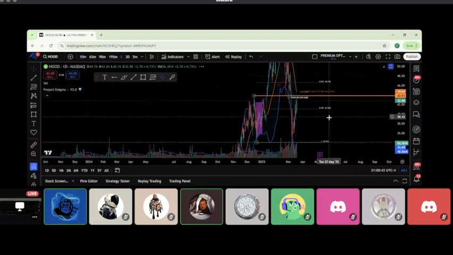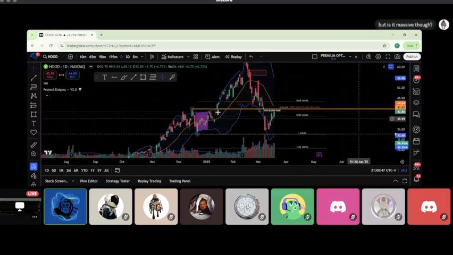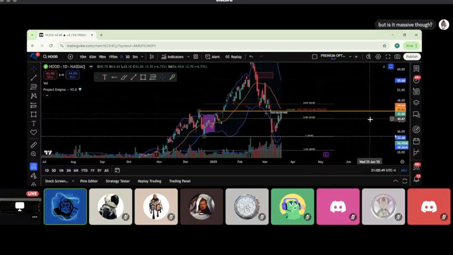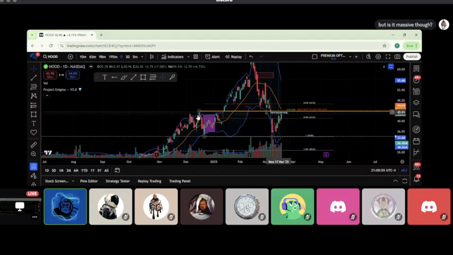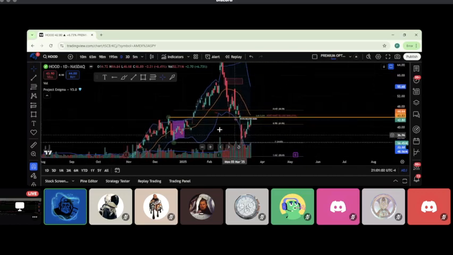Anyway, HOOD. We had this big support level, that's our SR flip. A few weeks ago we said if it closed or broke below, it would be puts. As you can see, it had this big candle, and now it's moving up and retesting this support level.